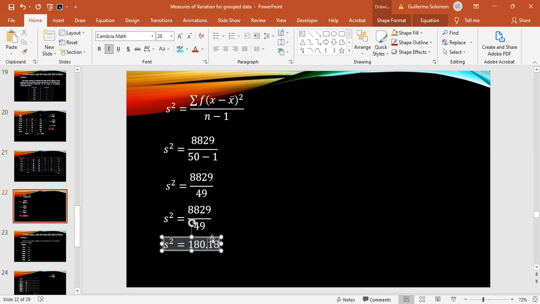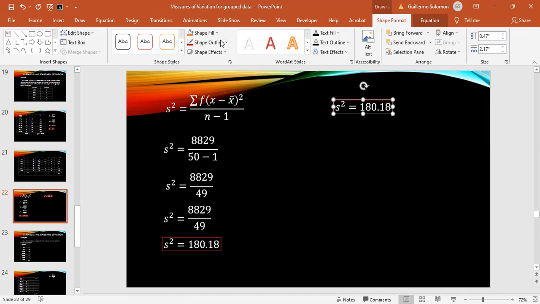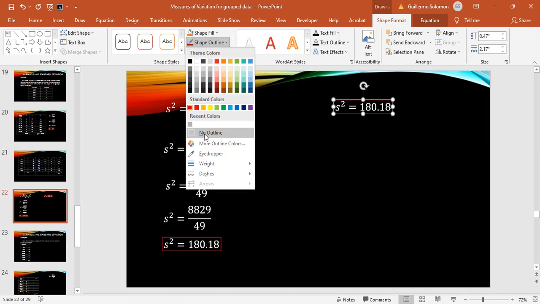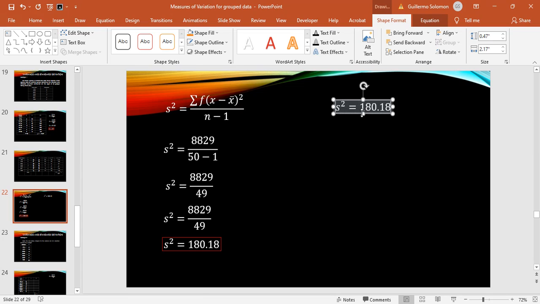And for standard deviation, kukunin lang natin yung square root niya. So, take the roots lang para sa standard deviation.